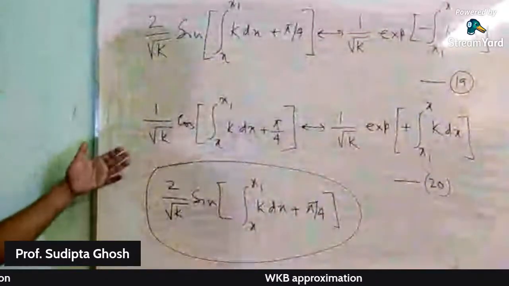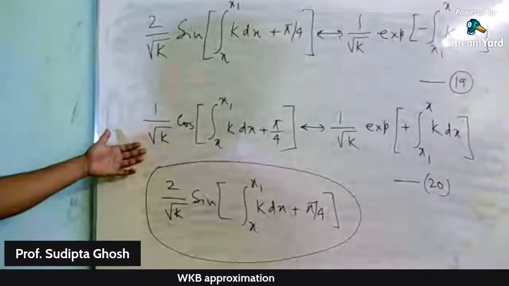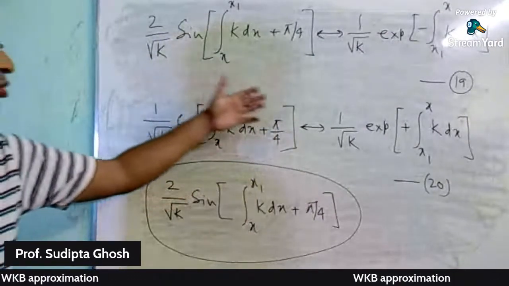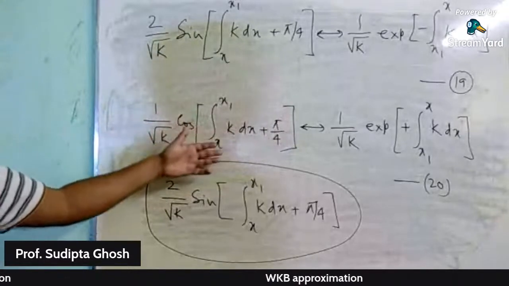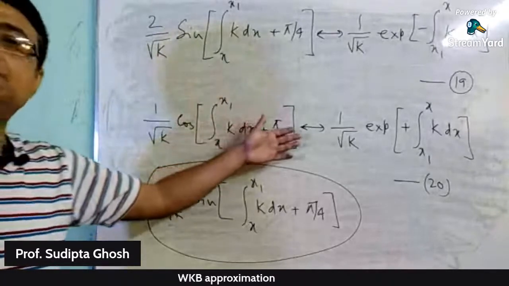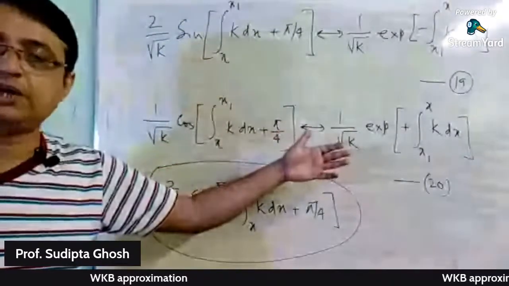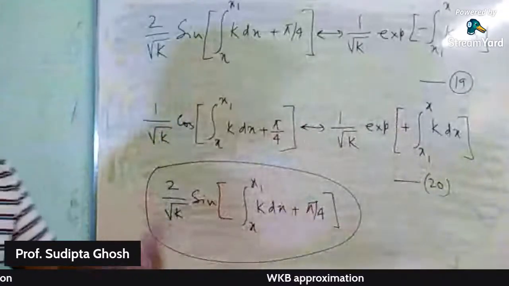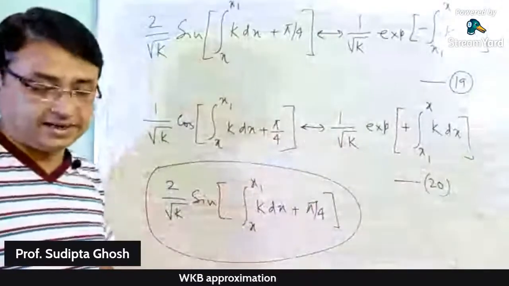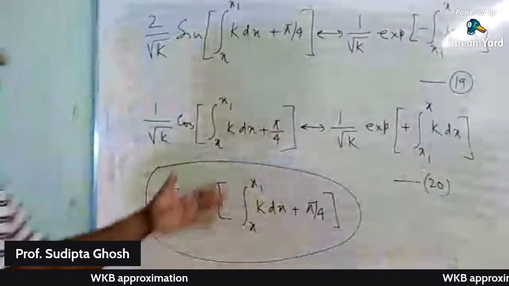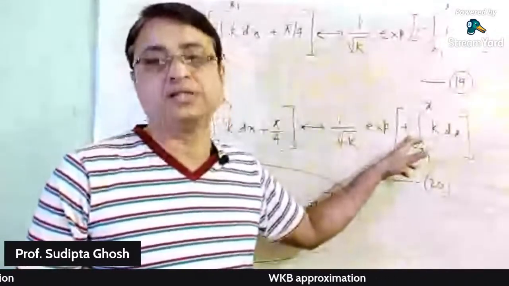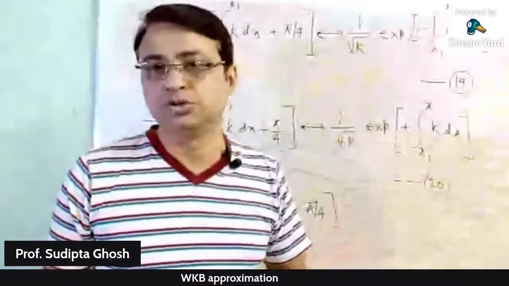And again, if the solution is of the type 1 by root k cos integral x to x1 k dx plus pi by 4, it will move on to the region x greater than x1 with an exponentially amplifying solution.